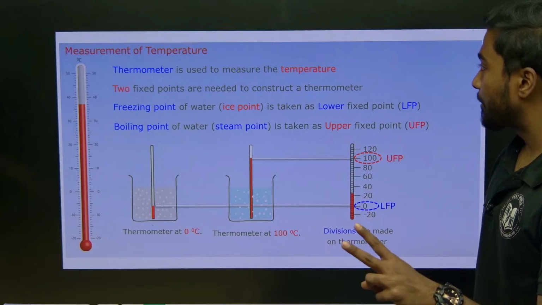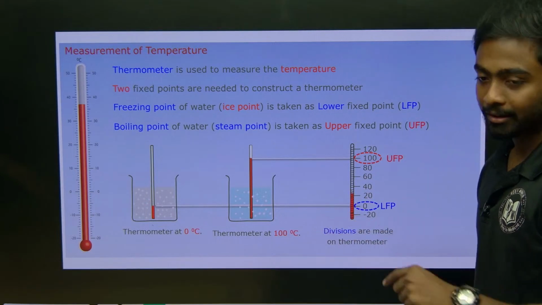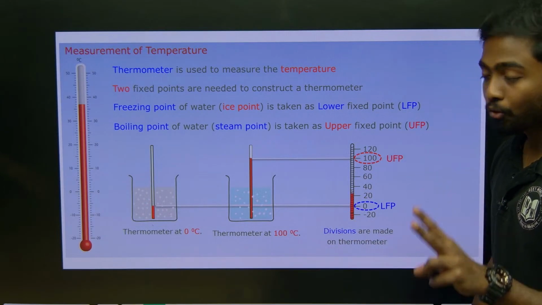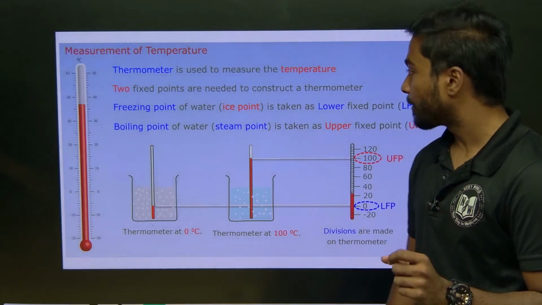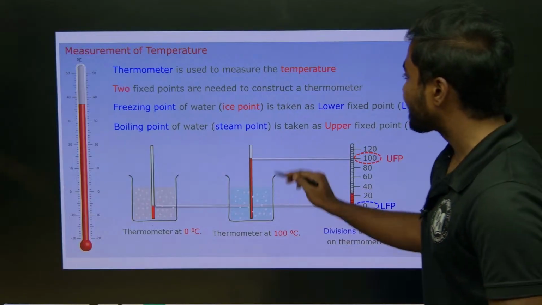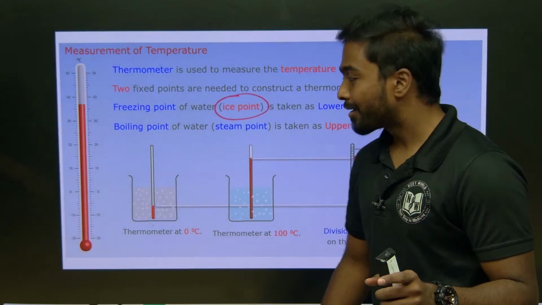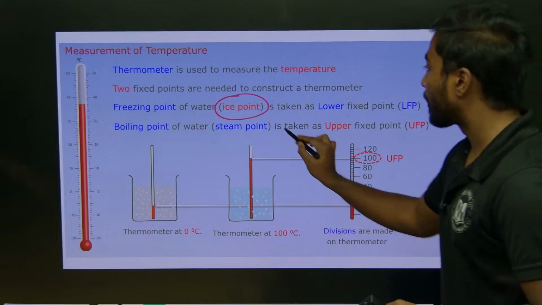Two fixed points are needed to construct a thermometer. What are those two fixed points? One is the freezing point and the other one is the boiling point. The freezing point is the ice point, and the boiling point is the steam point.